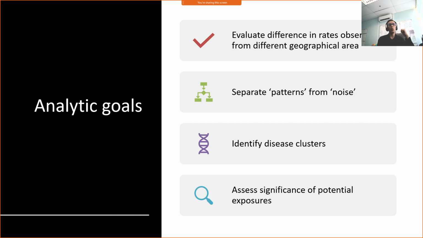determine your analytic goals. For example, are you interested to evaluate differences in the rates observed in different geographical areas? For example, if you think that maybe some cancers are prone in certain areas, for example areas near the power line, then you can geocode all patients with cancer, and also geocode some normal participants. So you have two groups, right?